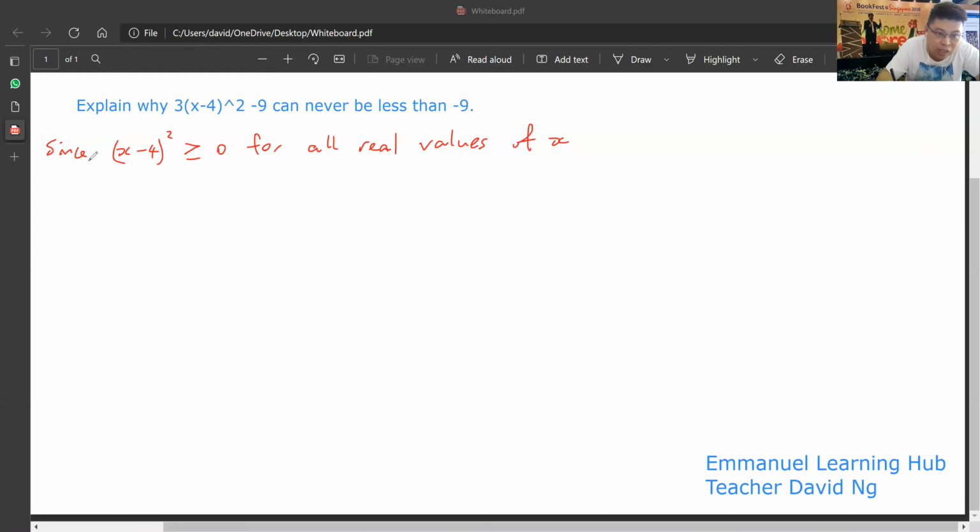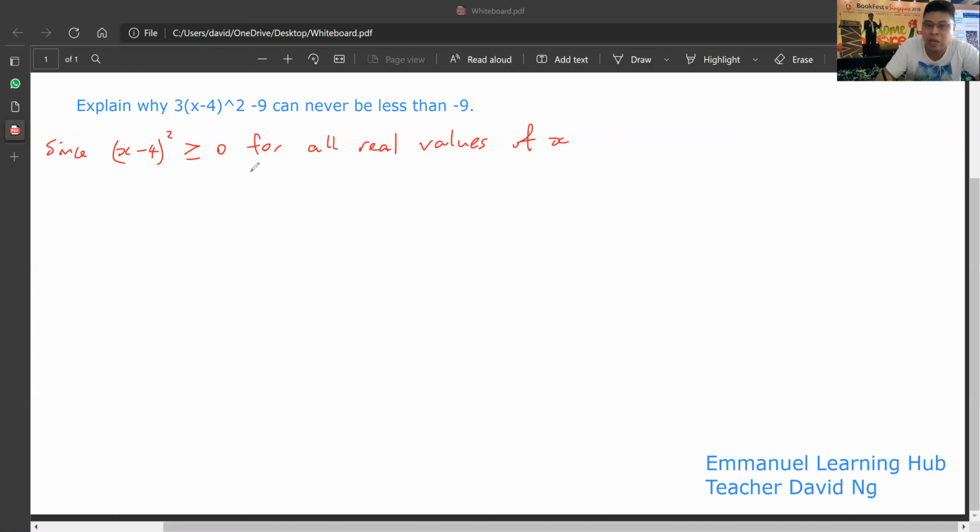Because since (x minus 4) squared is greater than or equal to 0, this square is not always greater than or equal to 0 for complex values of x. It only applies for real values of x. Therefore, you must write out this statement. If your x is i or j, this doesn't apply already.